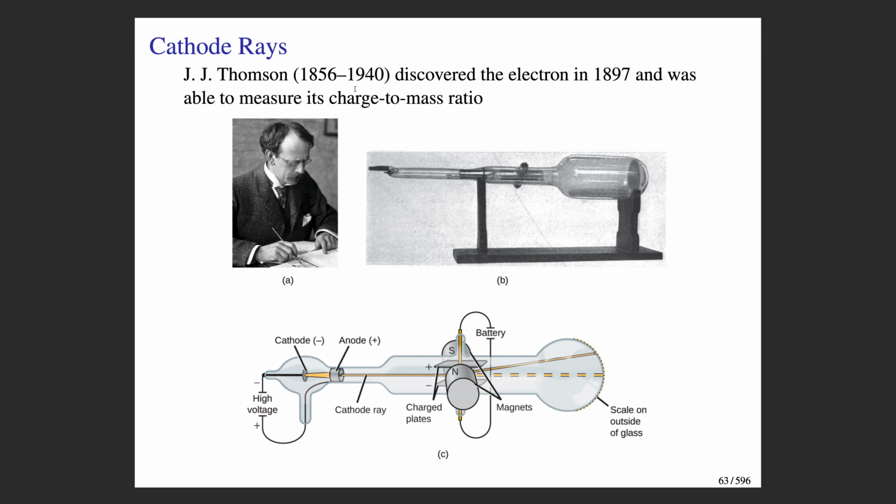And so that's what we mean by the charge to mass ratio. So J.J. Thomson is credited with discovering the electron and measuring its charge to mass ratio.